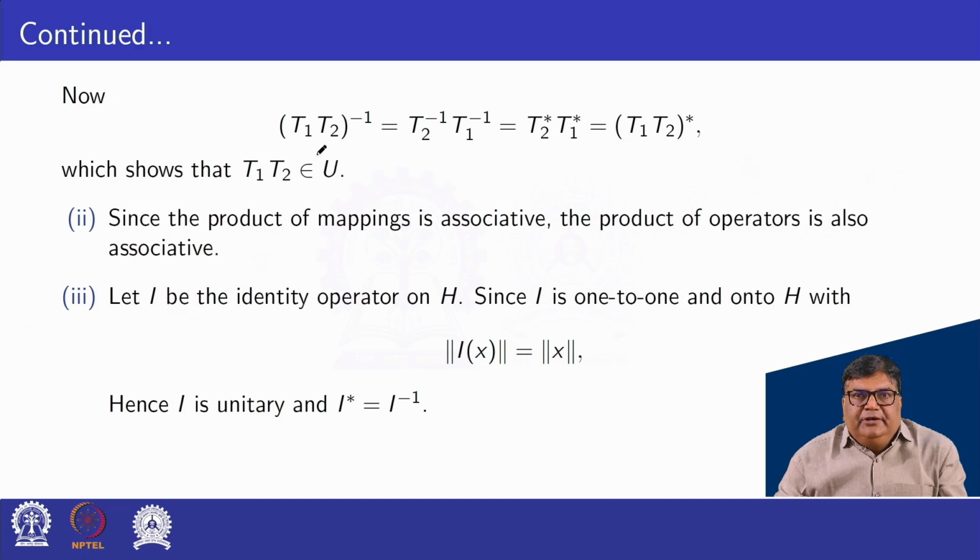Now the inverse of T1 T2 is T2 inverse into T1 inverse, and T2 inverse is T2 star, T1 inverse is T1 star, that is star of T1 T2, because we know that star of T1 T2 is T2 star T1 star. So the inverse of T1 T2 equals the star of T1 T2. This shows that T1 T2 belongs to U.